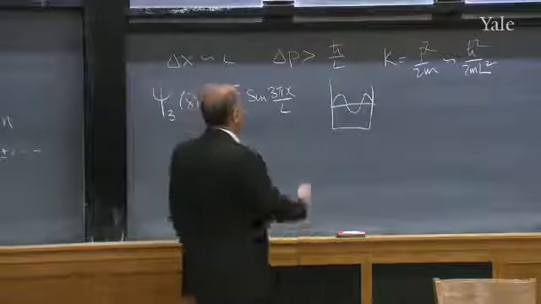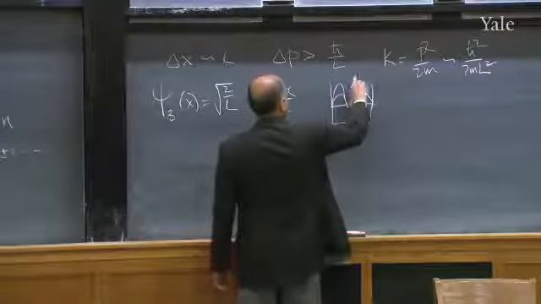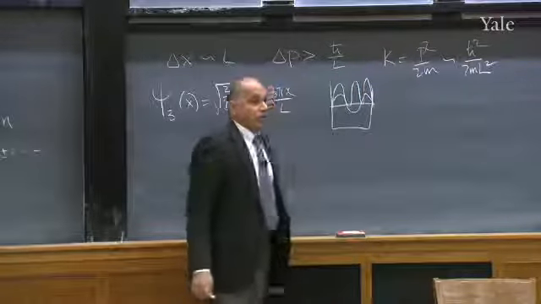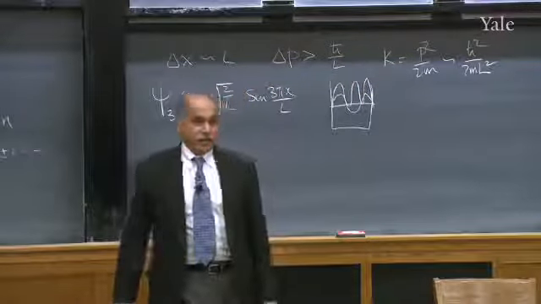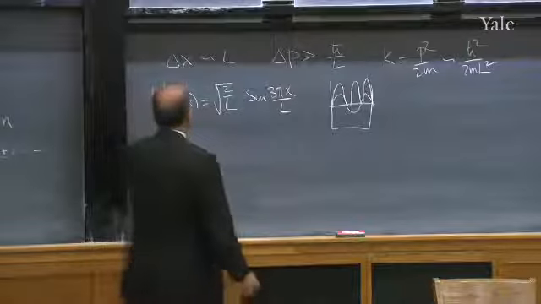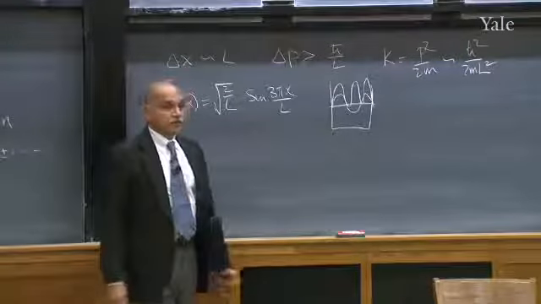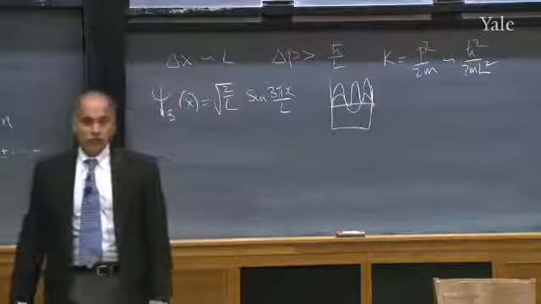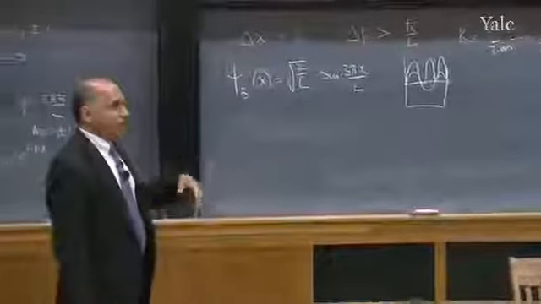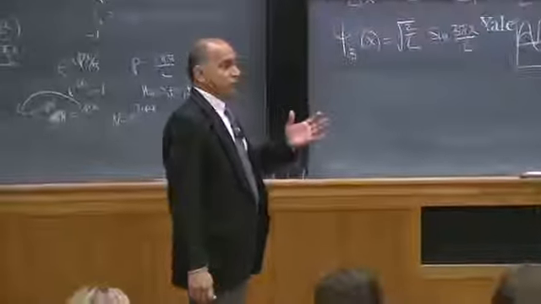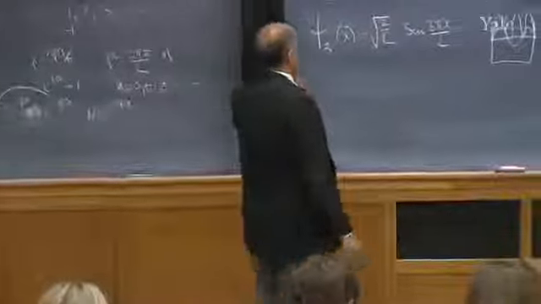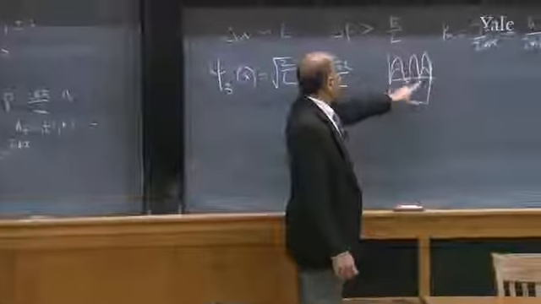You just got to square this function, which will look like this. That's the probability. If you measure the energy, what will you get? You will get exactly one energy corresponding to n equal to 3. It's in a state of definite energy, but not definite position. Position has got some ups and downs. The probability for x looks like that.